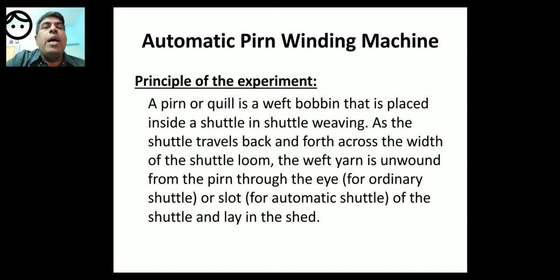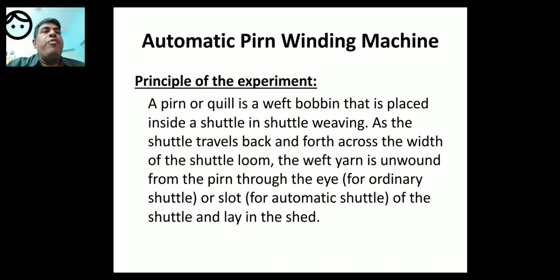So as the shuttle travels back and forth from one side of the loom to the other side, across the width of the shuttle loom, the weft yarn is unwound from the pirn through the eye of the shuttle for ordinary shuttle, or it can be called a slot for automatic shuttle, and the pick is laid in the shed. So this is the principle of the experiment.